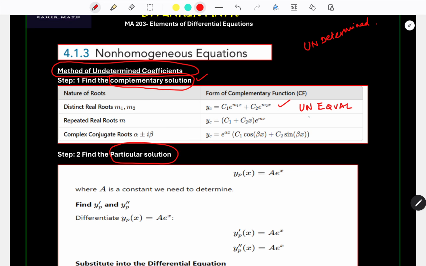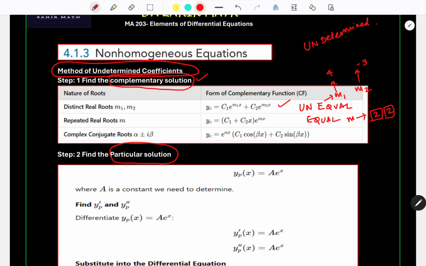Suppose you get equal roots in the calculator, you need to remember the formula y equals (c1 plus c2x) e power mx. Here, m1 and m2 are the two answers you get in the calculator. When you get equal roots, for example 2, 2, you put it one time.